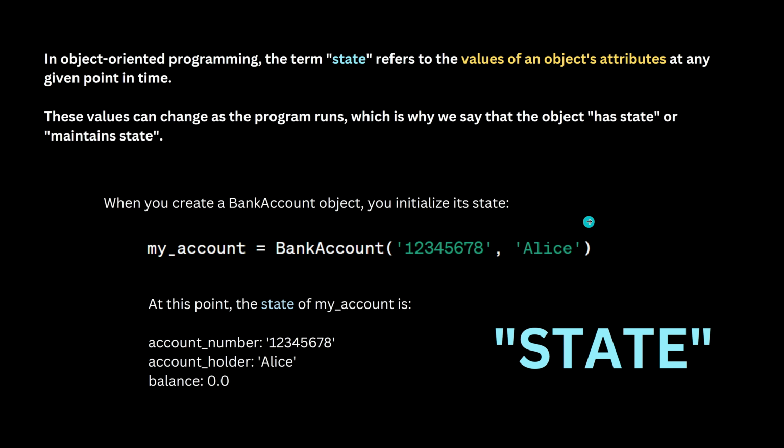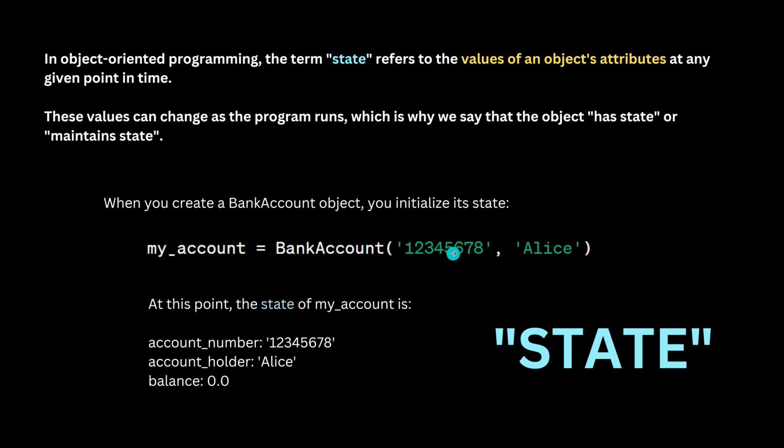Yes, you know this. State. State is something we will encounter here. What is the term state in object-oriented programming? What does it refer to? To the values of the attributes of an object. Let me show you this in our example of a bank account.